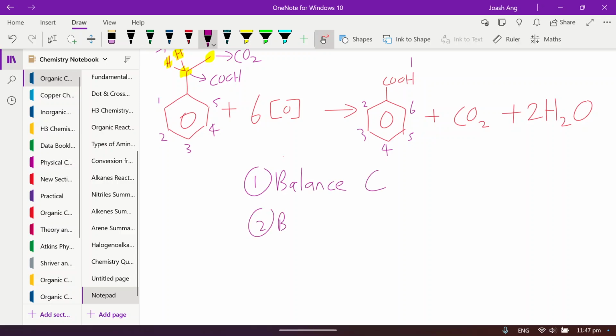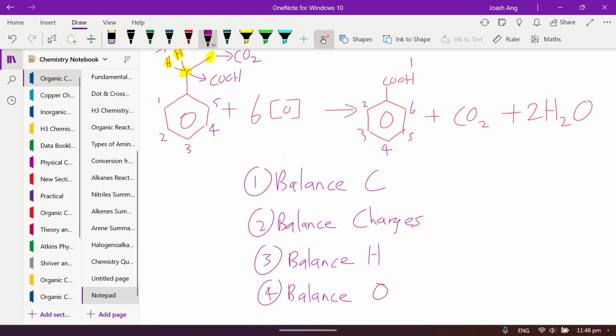Second, balance charge. Third, balance H. And last, balance O.